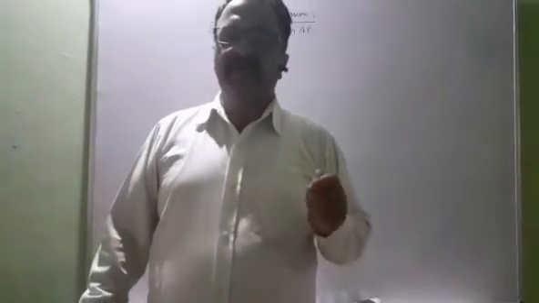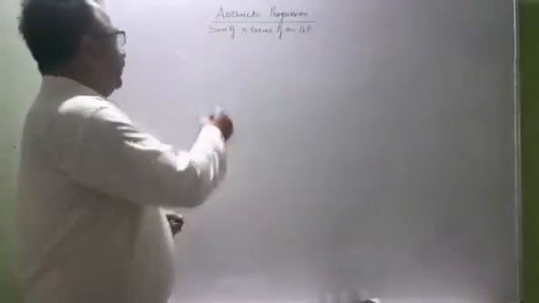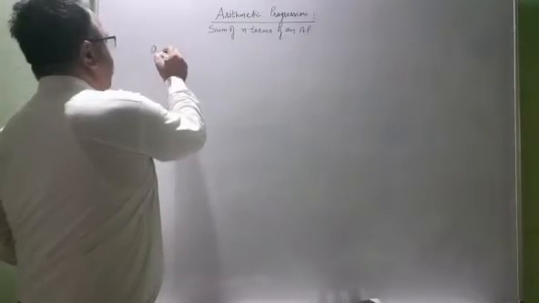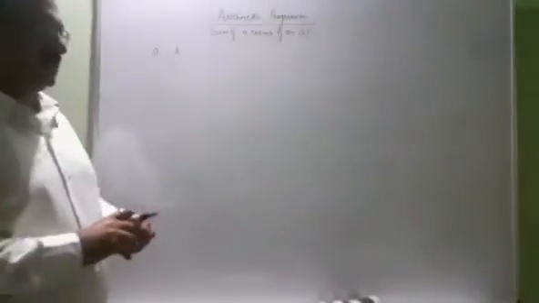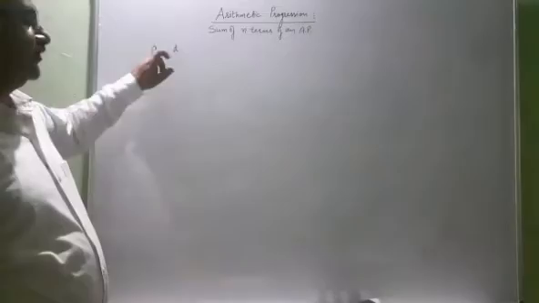Now, all of you know that the first term of an AP is represented by A and the common difference is D. This is the symbol we use for the first term, this is the symbol we use for the common difference.